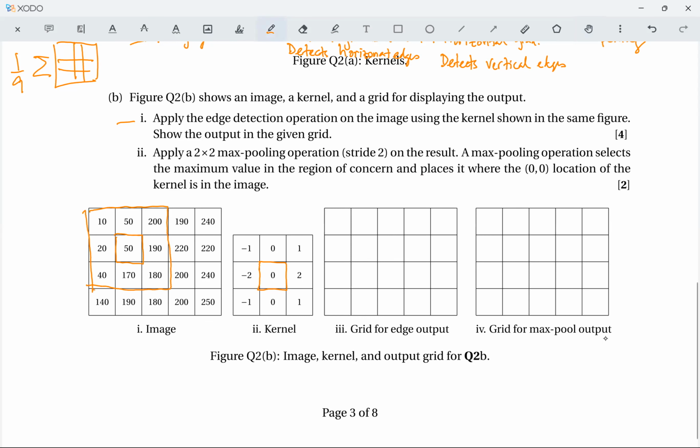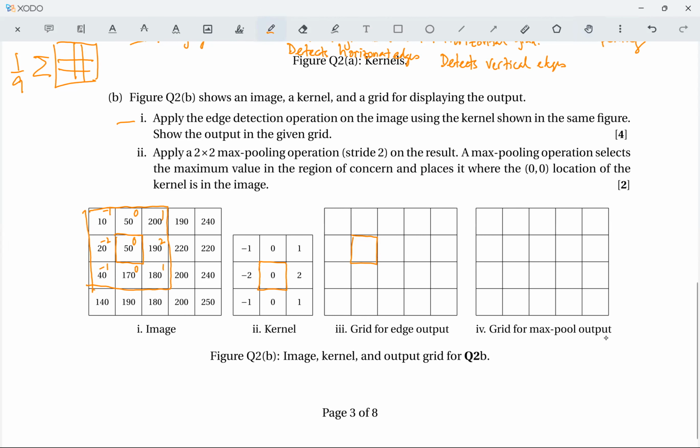The numbers will get multiplied by the numbers in the kernel. So 10 multiplied by -1, I just write the entry there. This by -2, and 40 by -1. So at this location, the number that you get can be calculated by summing all these numbers in the image multiplied by the values of the kernel 0, 0, 0 and 1, 2, 1.